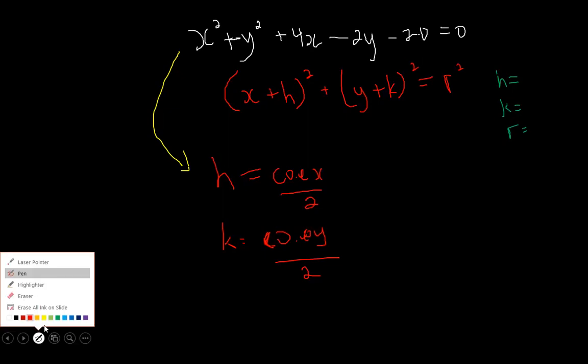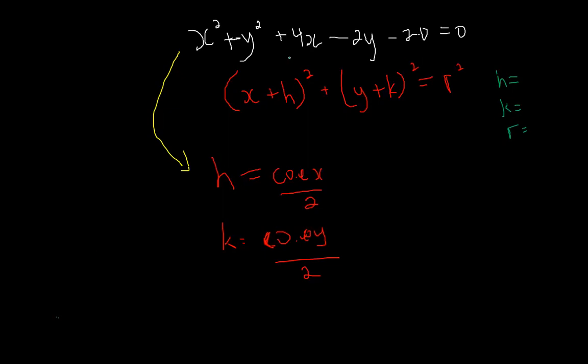The coefficient of x is the number that comes right before x. So in this case, it's positive 4. So 4 divided by 2, h is equal to 2. Put the 2 up here.